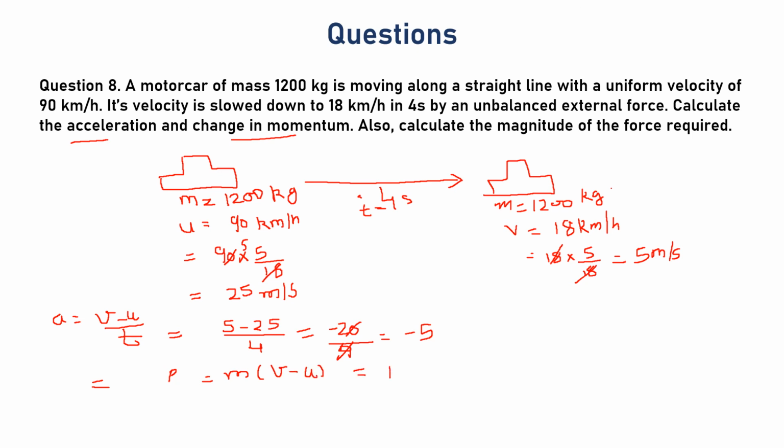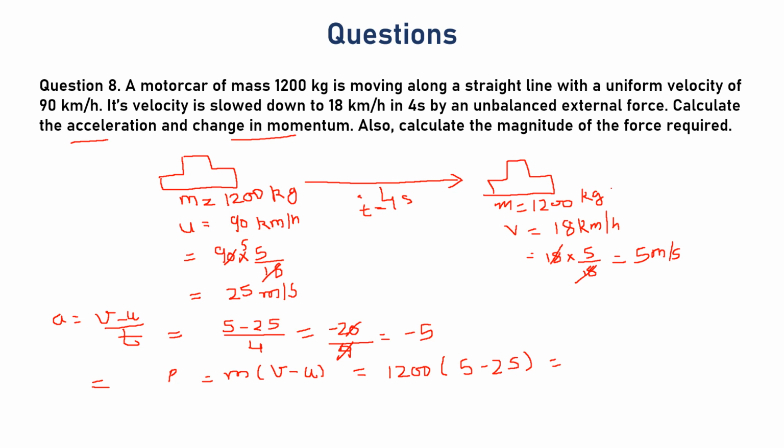The mass is 1200 and v minus u: v is 5 minus 25, that is minus 20. 5 minus 25 is minus 20, minus 20 into 1200.